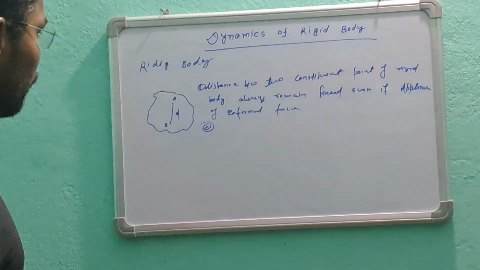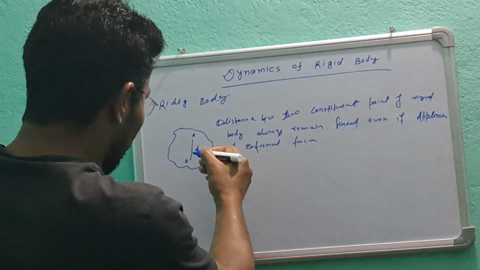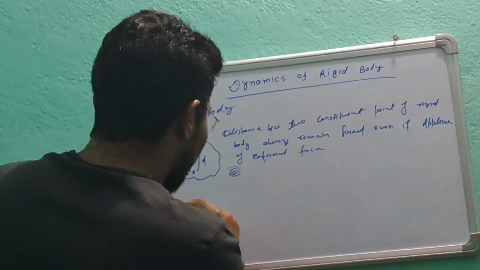Second one, relative velocity of approach along the line joining two particles remains zero.